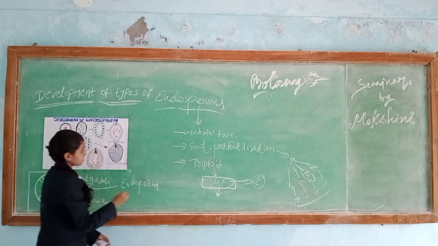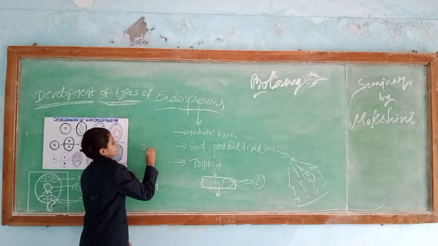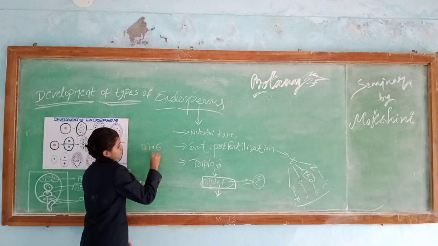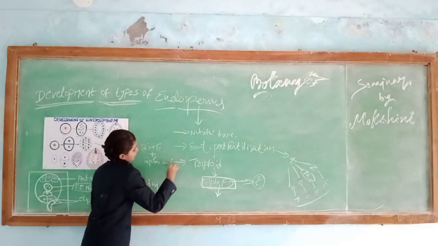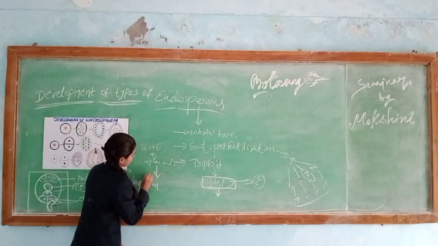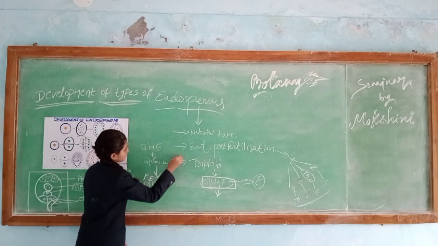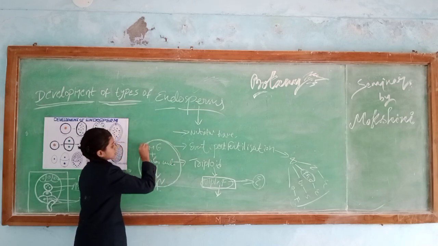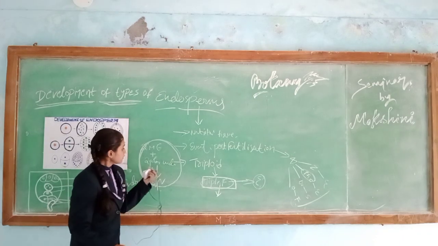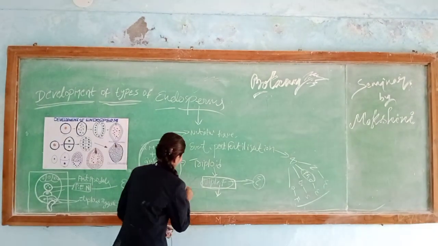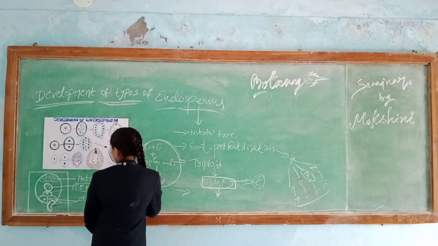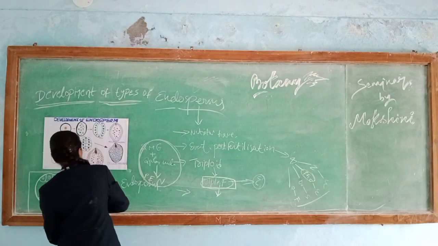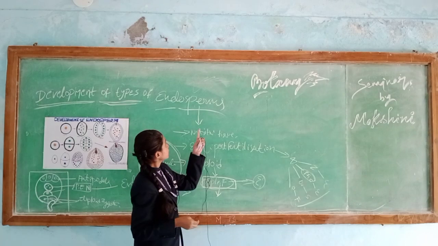So triple fusion means the second male gamete fuses with 2 polar nuclei, which results in the formation of the primary endosperm nucleus. Such a process is known as triple fusion. The main function of this endosperm is providing nourishment to the developing embryo. So this is about endosperms.